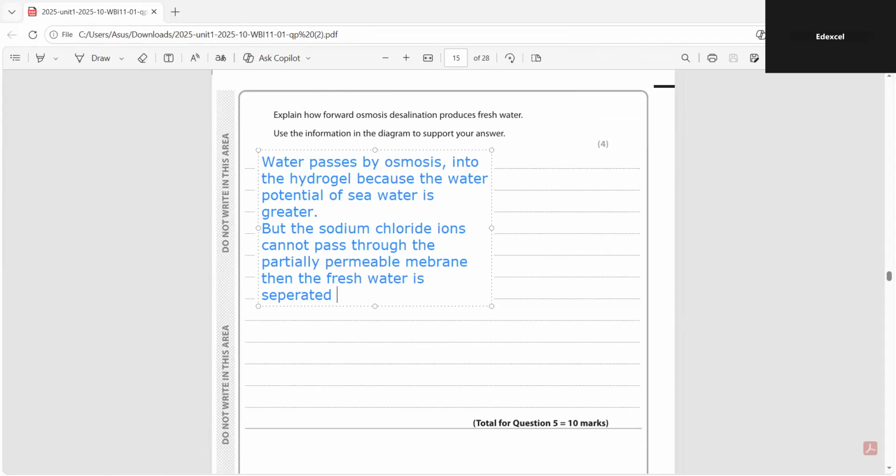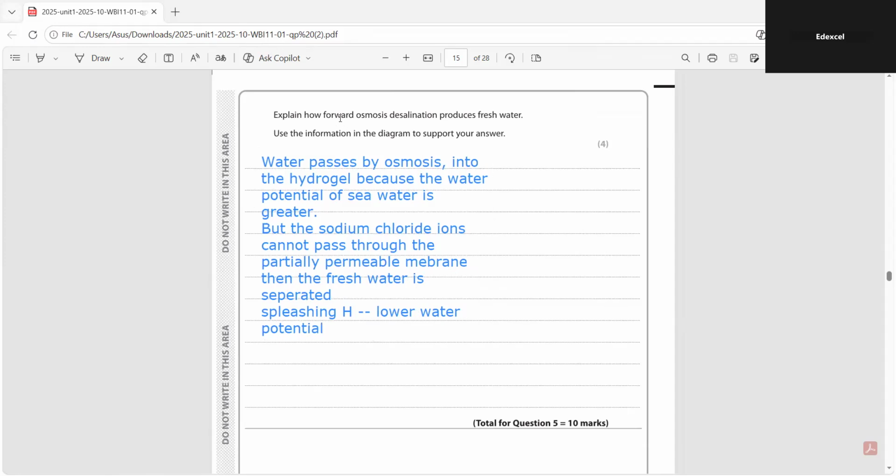Then the heating of H plus happens. What does that do? That means it is reducing the water potential. So low water potential. Only these points you have to write.